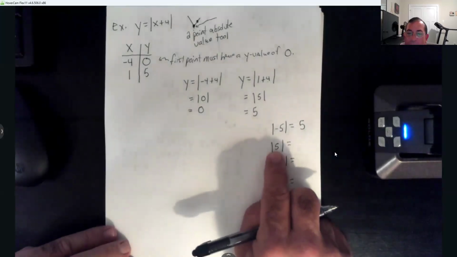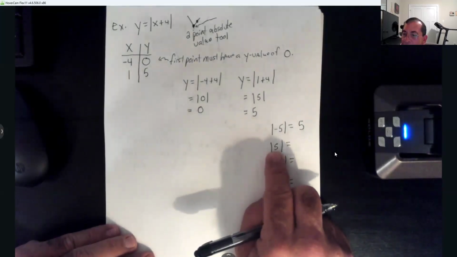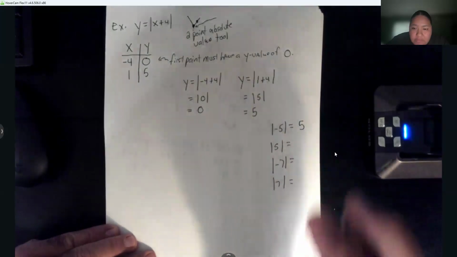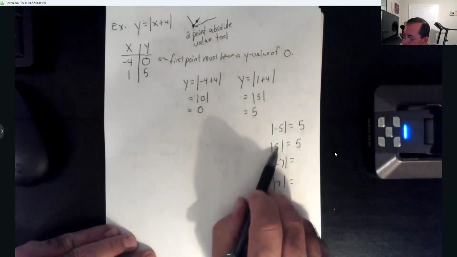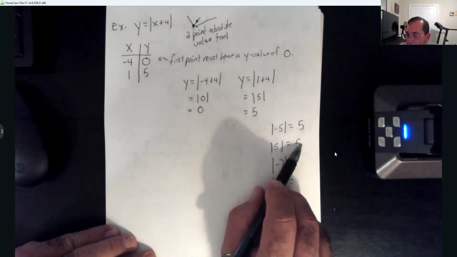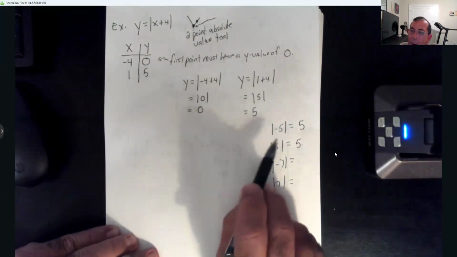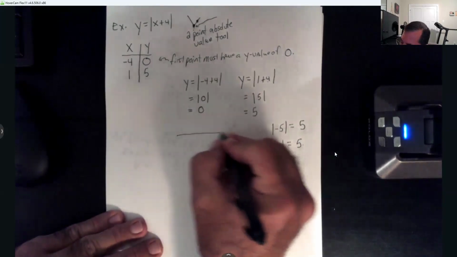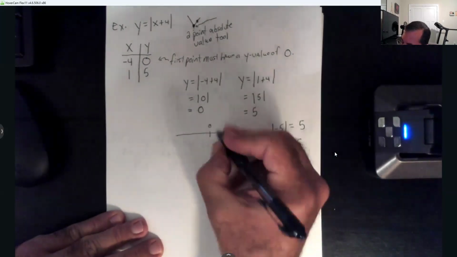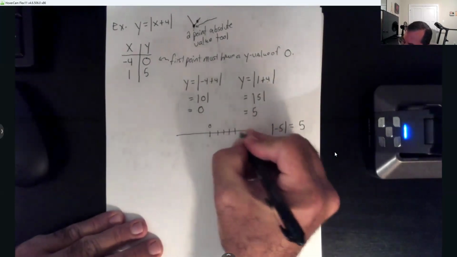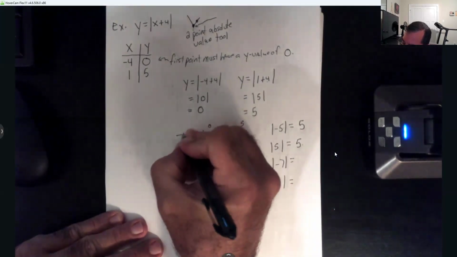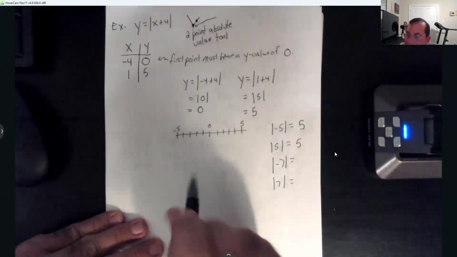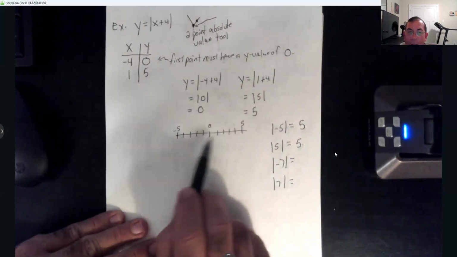What about this? What's the absolute value of a +5? 5. Anything inside here is going to come out positive. Because y'all remember, absolute value, if you're looking at a number line, absolute value don't care about the direction.